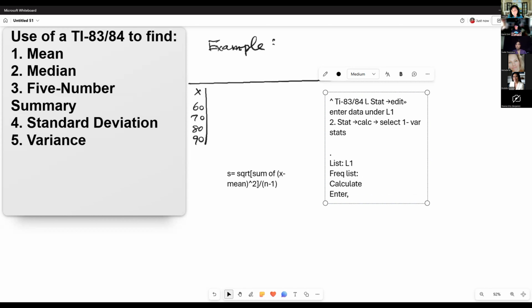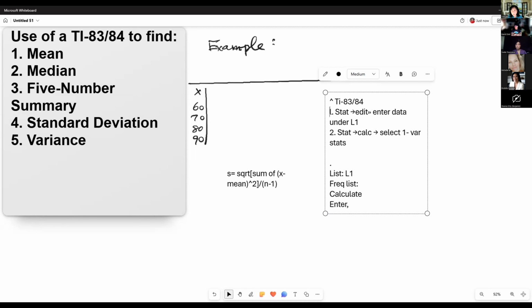Hit the stat. Instruction is simple. Number 1, hit the stat on your calculator. Then it will pop up the edit.